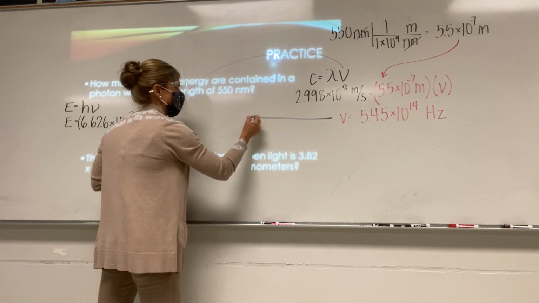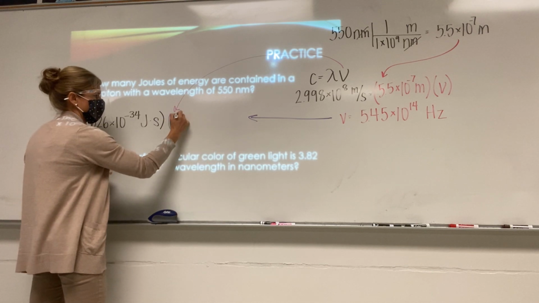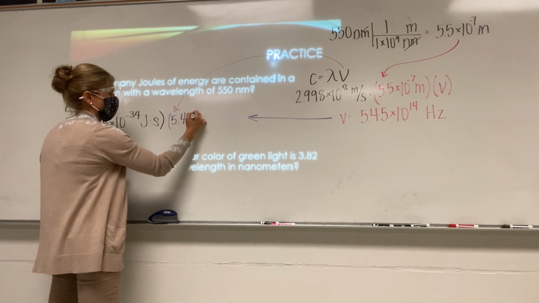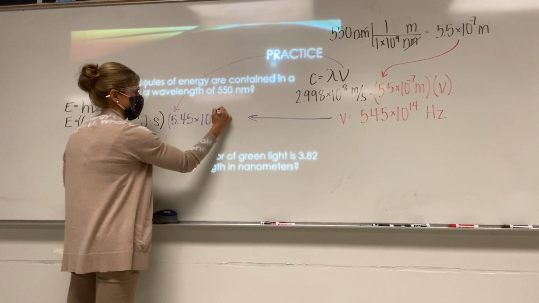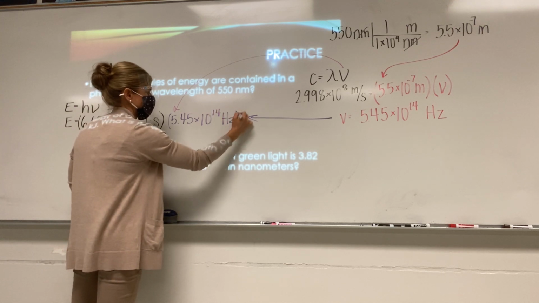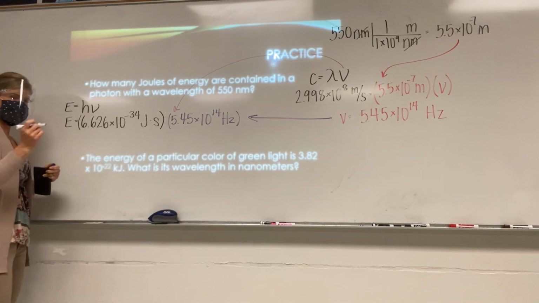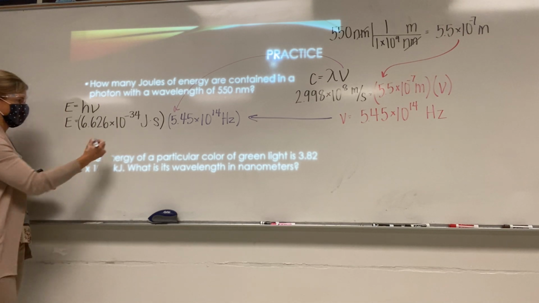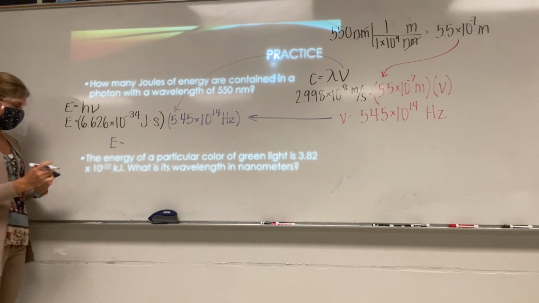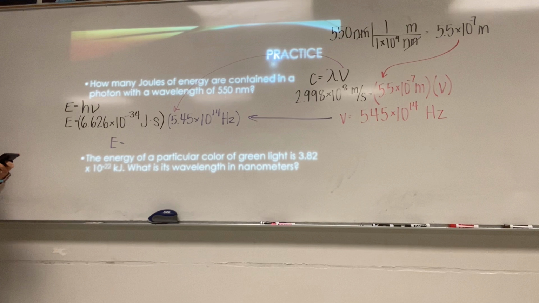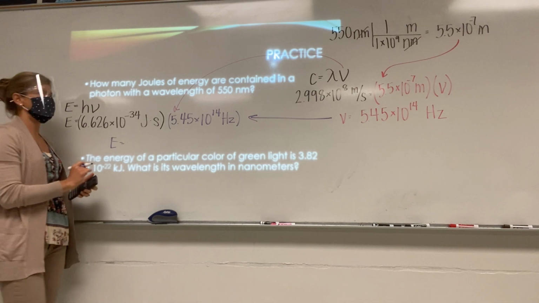All right, so now I'm going to plug in my frequency, which is 5.45 times 10 to the 14th hertz. Now I'm set up to finish. Now I can multiply those two to solve for my answer. How many sig figs should I have in my answer?